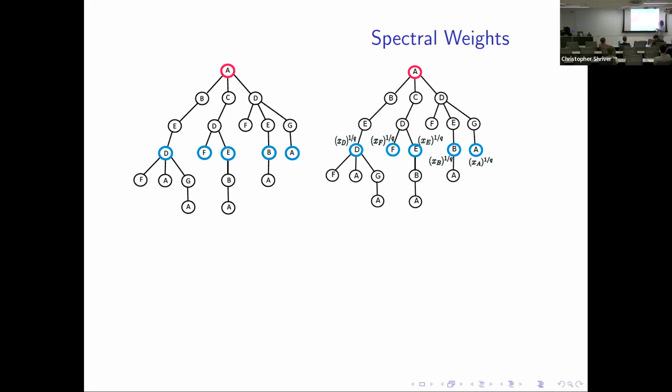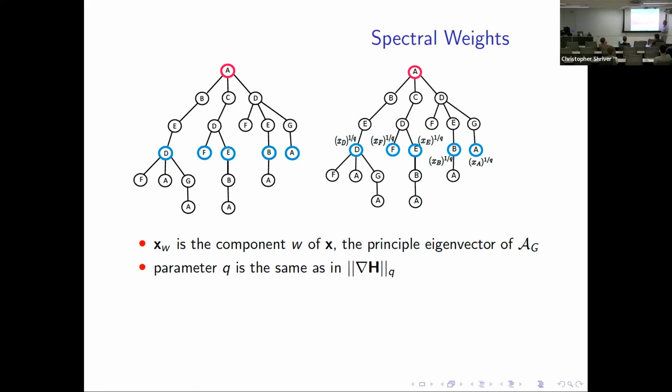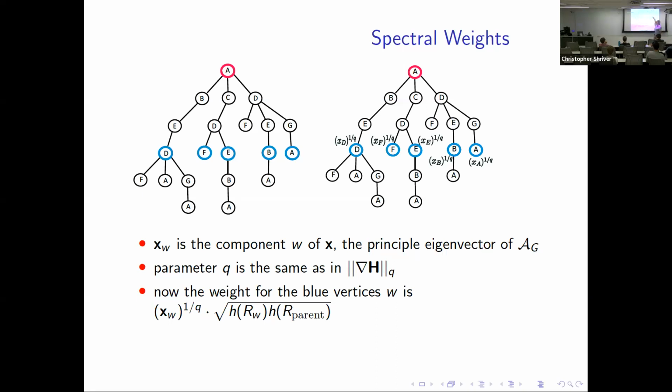And similarly for F, E, B, and A. And Q here is the same Q as the norm we look for, which is a very complicated quantity, right? So then basically here we start by looking at this weight, and we work inductively up, right?